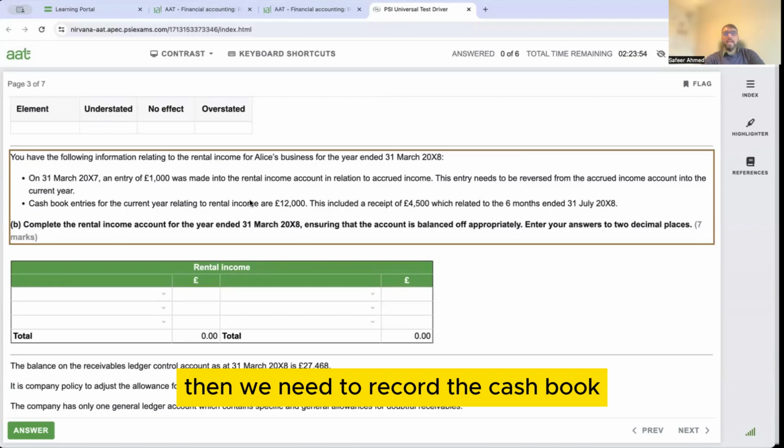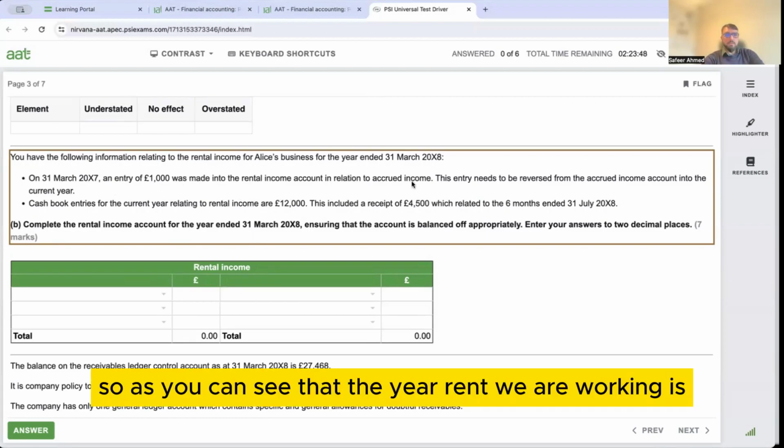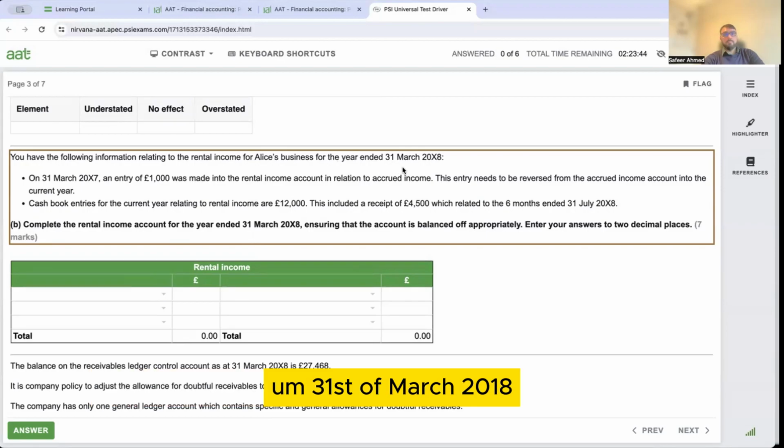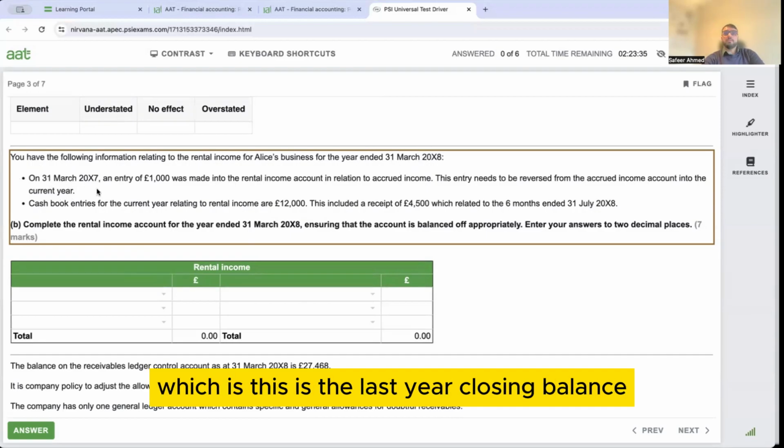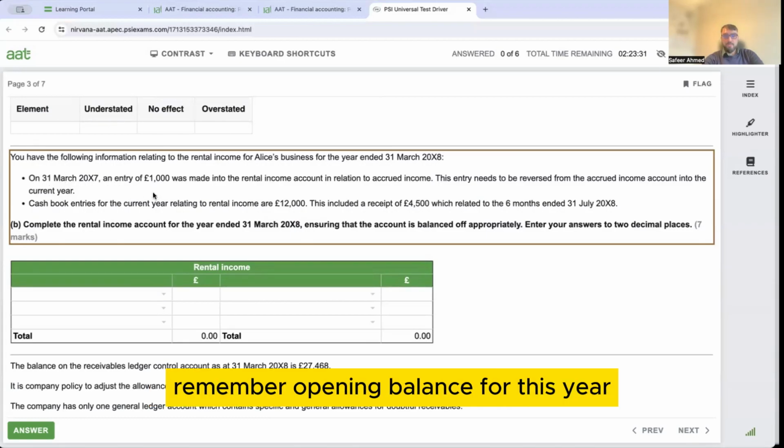Then we need to record the cash book, how much money we received, and then we need to make an adjustment at the year end as well. As you can see, the year end we are working with is 31st of March 2018.